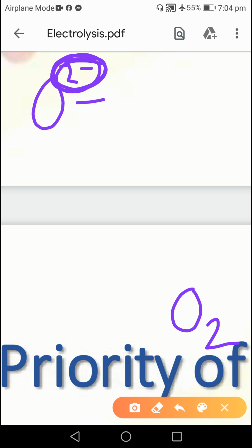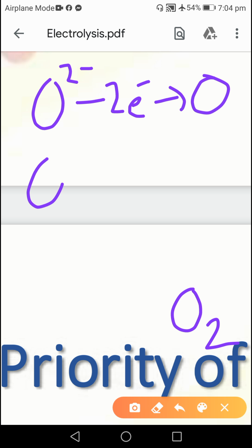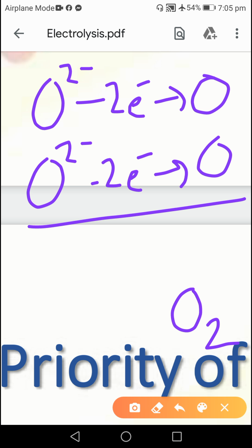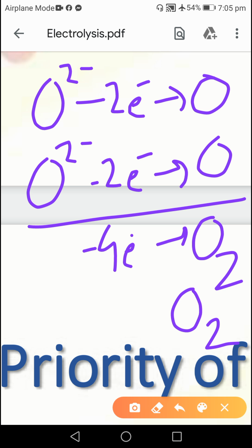Its charge is 2, so it will lose 2 electrons to form O. So here we have O2, and we have 4 electrons, and we have 2 oxygen.